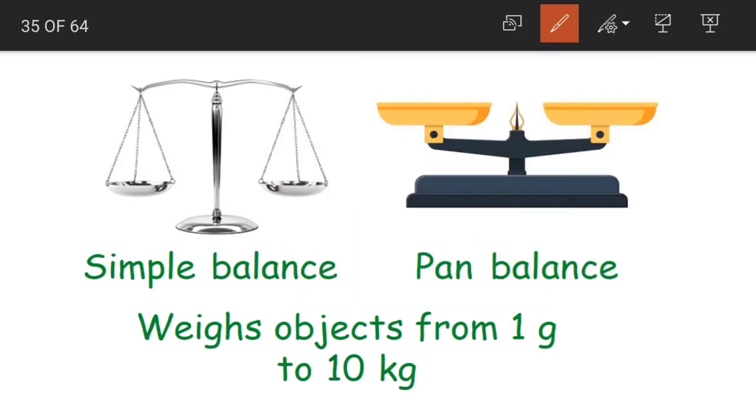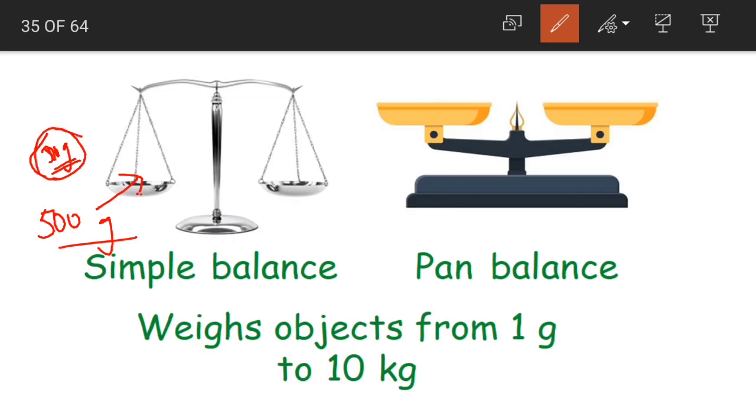What do we do in the balance? We put weight in one plate. Suppose I want to buy 500 grams of apples. Then in this pan I will put 500 grams. We will have stones. Children, if you ever went to a vegetable market, you can observe that they will have some stones like this with the markings of 500 grams, 1 kg, 2 kg, 250 grams.